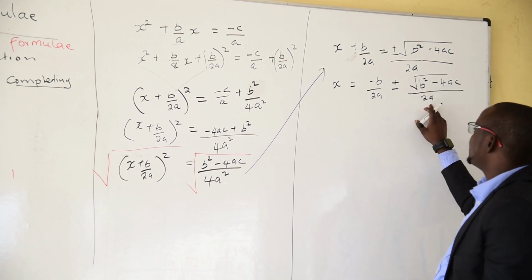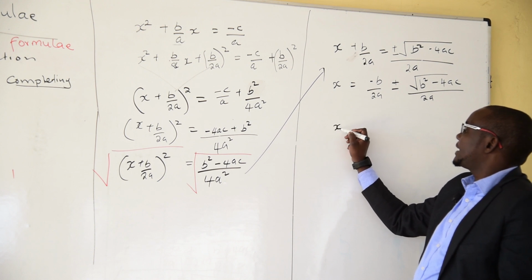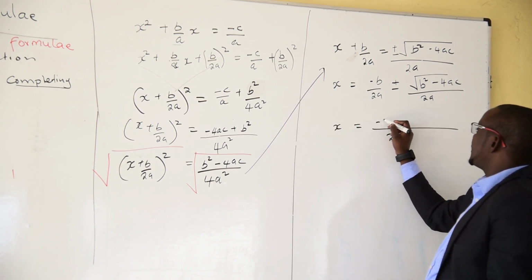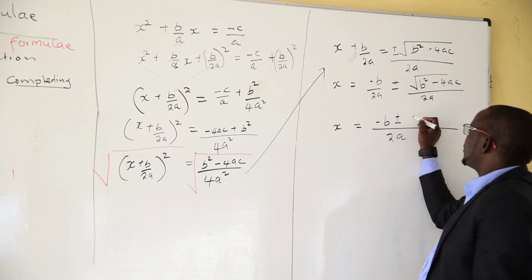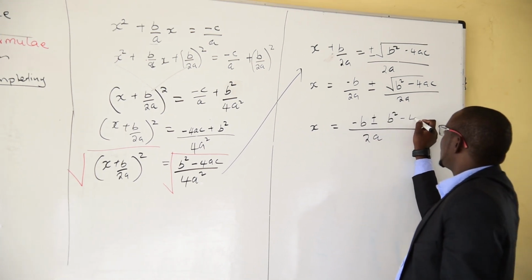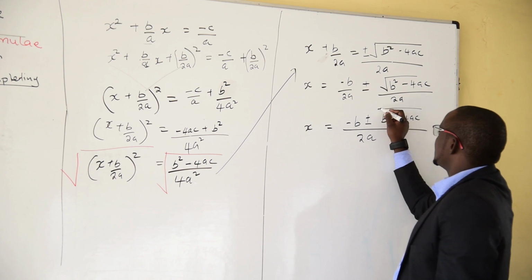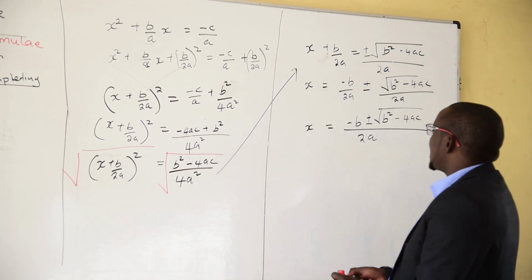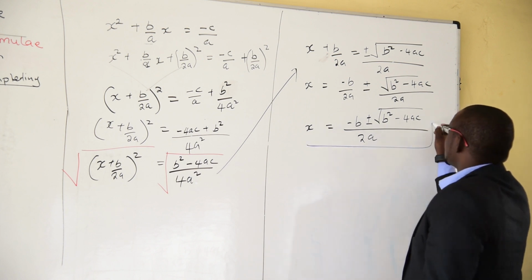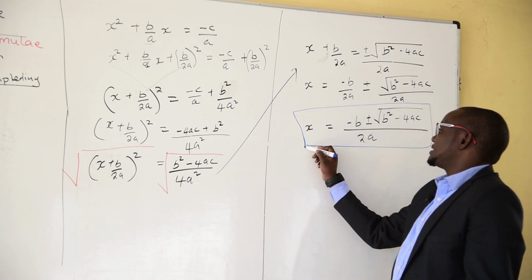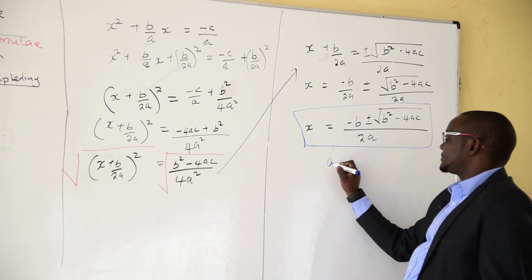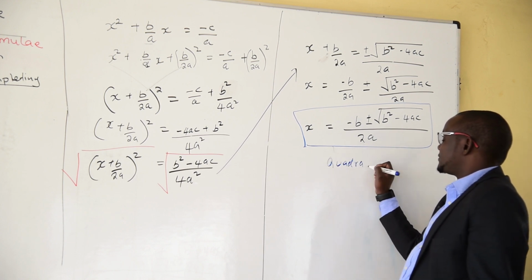Since you have a common denominator, x equals negative b plus or minus the square root of b squared minus 4ac, all over 2a. So we have solved for the value of x, and this is the quadratic formula.